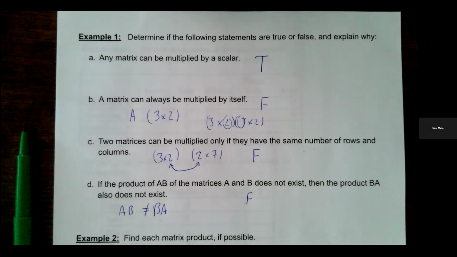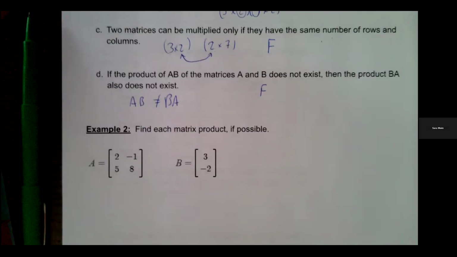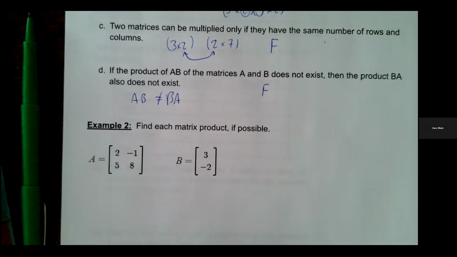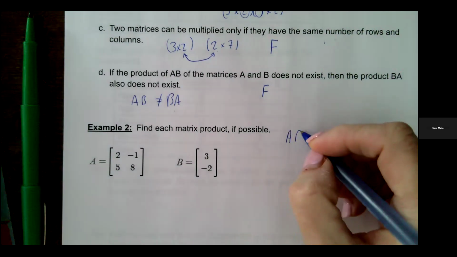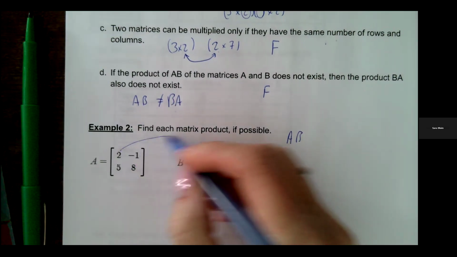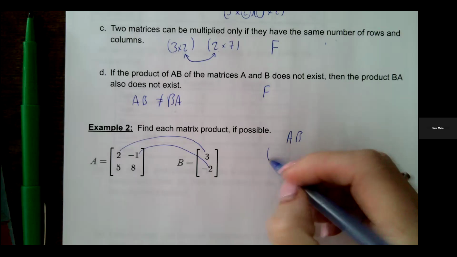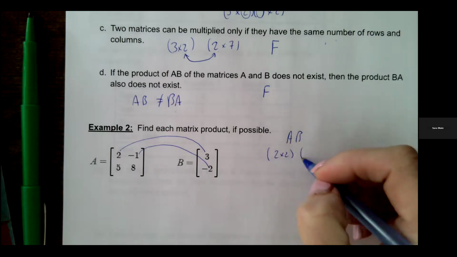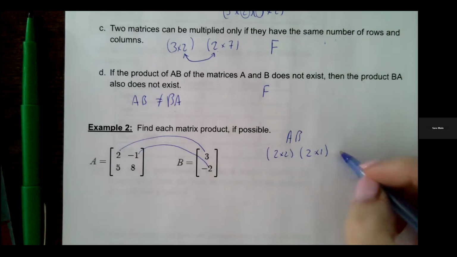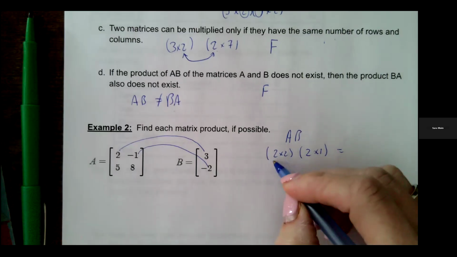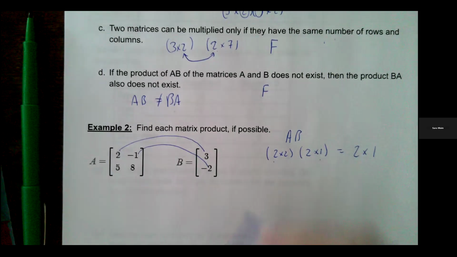Okay. So let's look at examples. This gives us a numerical one to look at. So we're going to multiply A times B. A is a 2 by 2, and B is 2 rows by 1 column. So that is going to give us 2 rows by 1 column.